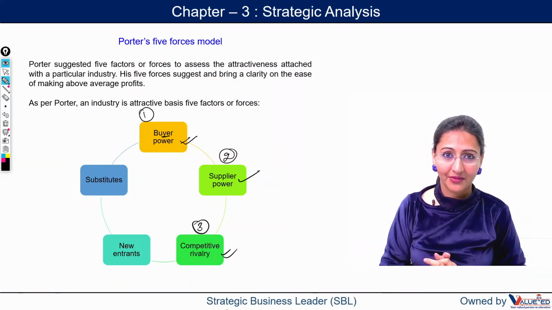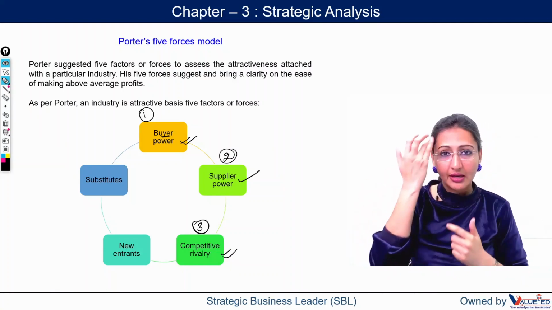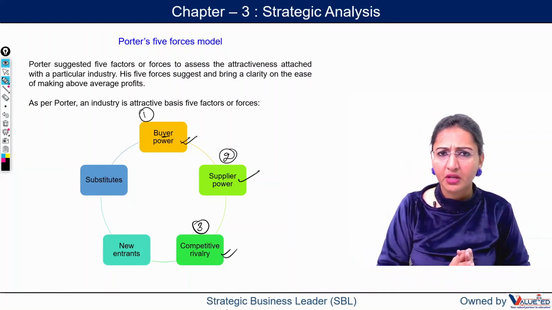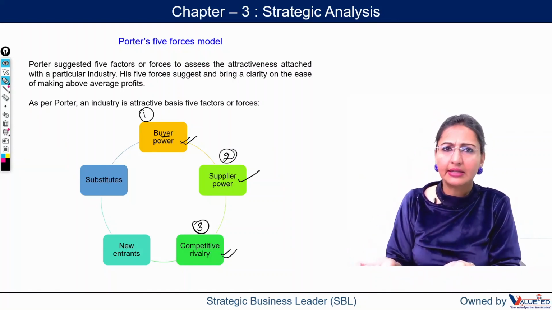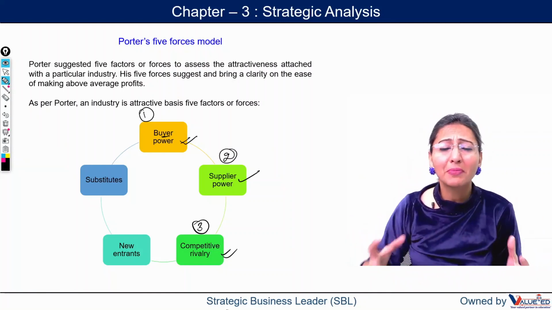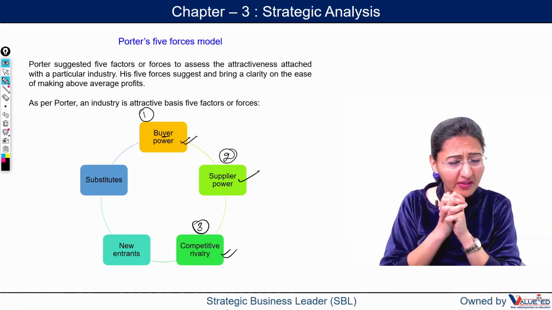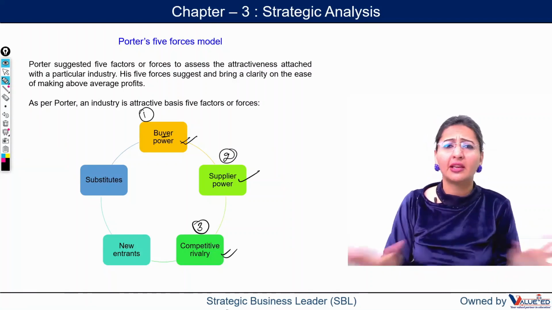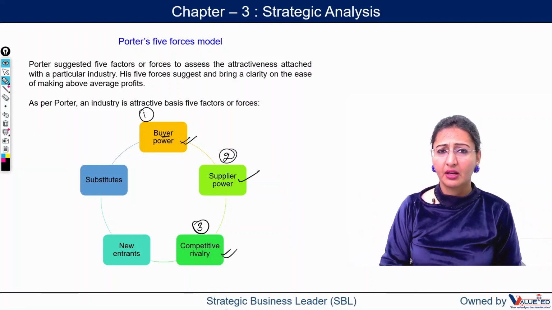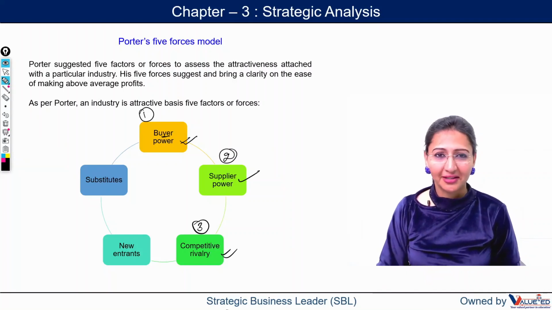There is one particular product in the market which you want to enter, and a year or two back, one of the manufacturers entered the industry, and he was just bashed by the competitors like anything. The competitors did everything to throw him out of the market. If that's the situation, then think twice.